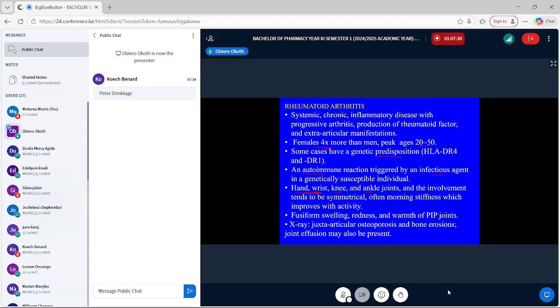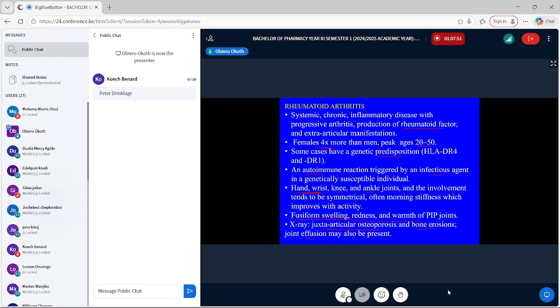There'll be swelling, redness, and warmth of the interphalangeal joints, because again, this is an inflammatory process. On X-ray, you see osteoporosis, bone erosion, and you can see joint effusion in almost 85% of the patients.